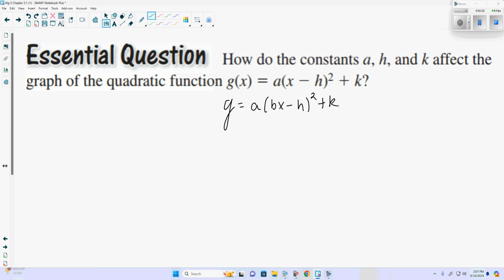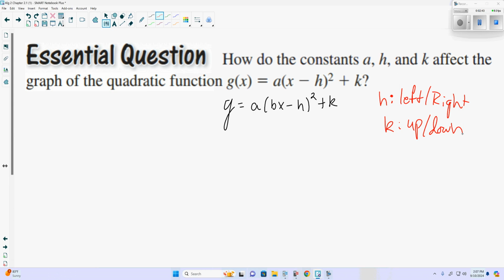The h, if there's a value for h, it's telling us that it's moving the graph to the left or to the right. K is our up and down. H and K.